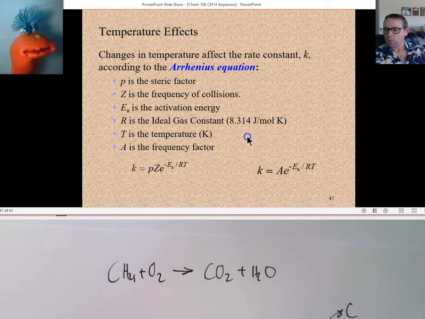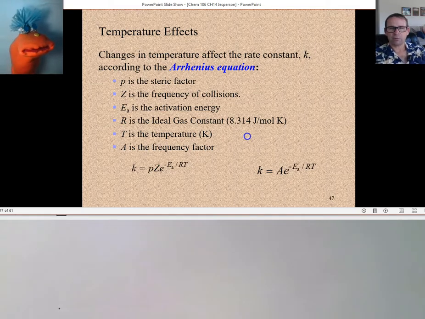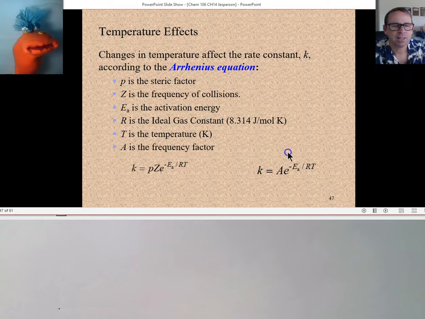Okay, now we have an ability with an equation here to relate the rate of reaction to the activation energy. And this can be done here where we have K, our rate constant. We can relate this to some constants, the steric factor that's associated with the kind of chemical, the frequency of collisions, also to a degree related to the kind of chemical, its shape, that sort of thing.